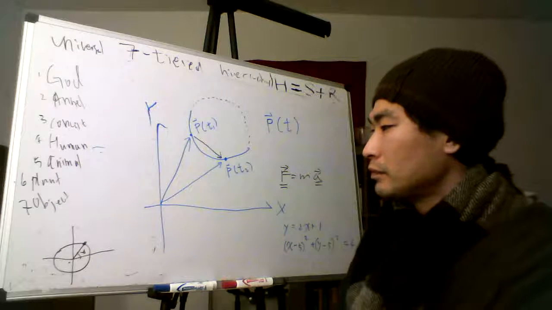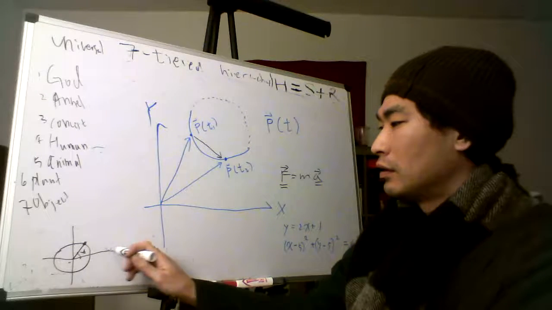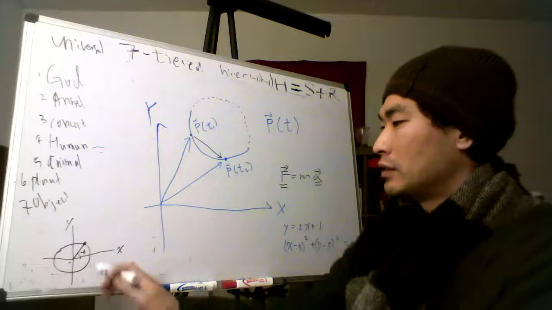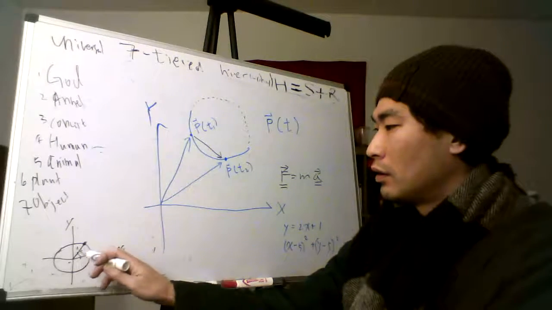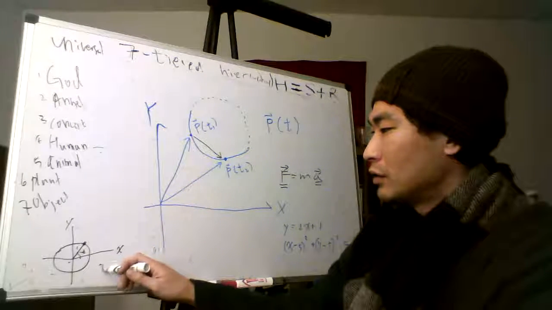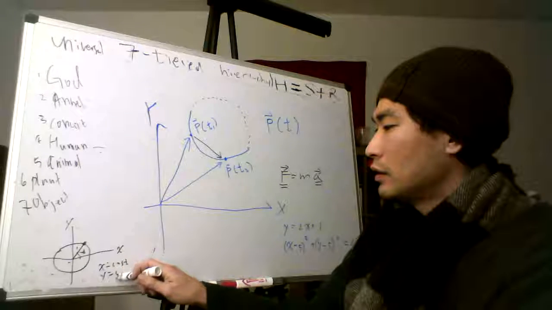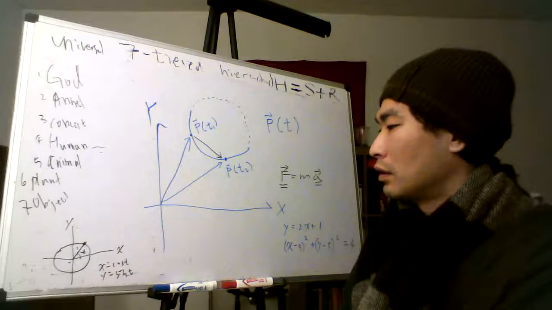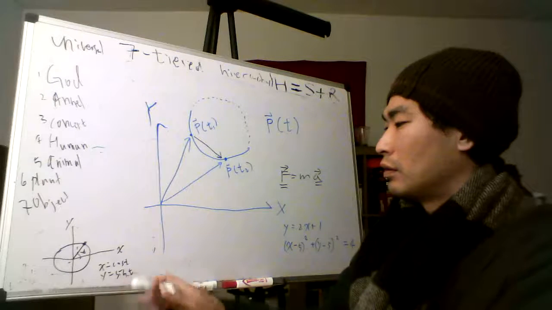So here you then have parameter t, and you have the x-axis and y-axis, right? Let's say this is a unit circle, a circle with radius 1. Okay, it's easy, right? x is equal to what? Cosine t. y is equal to sine t. Parameter.